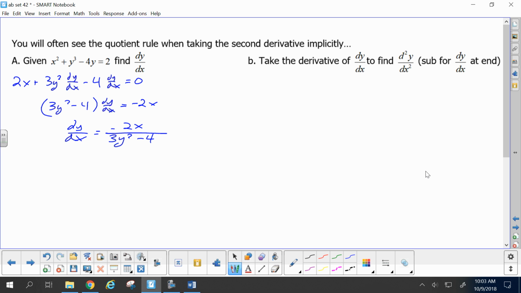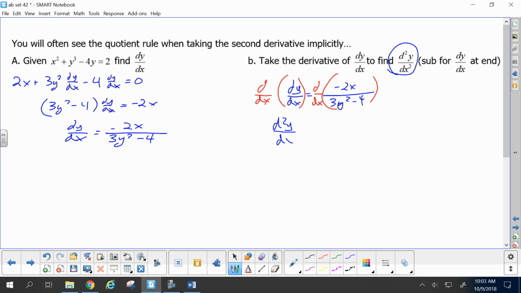So if you want the second derivative, I need to start with what I had and take the derivative with respect to x of both sides. When I do that, the left side is the derivative of dy dx, which is the second derivative of y with respect to x. The notation of it is something you'll gradually start to make sense of. But for now, let's talk the right side.